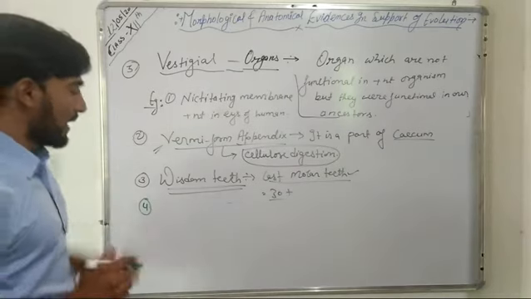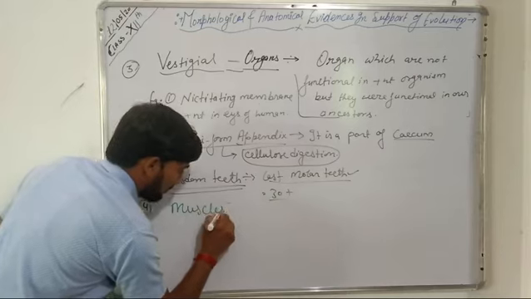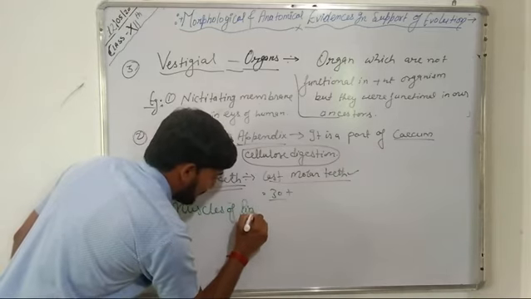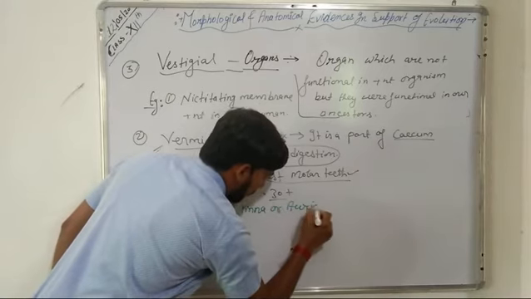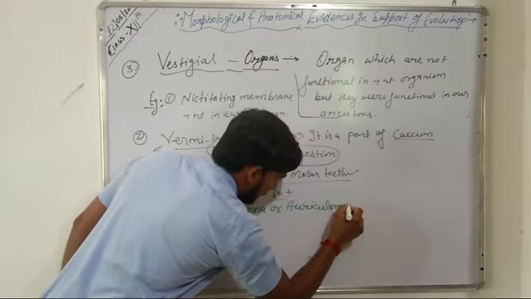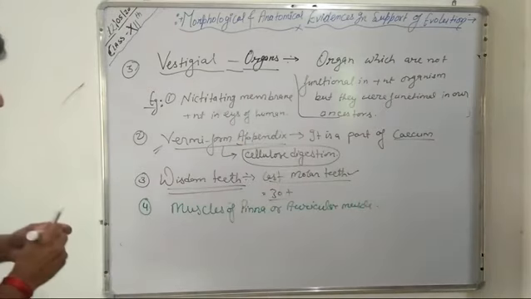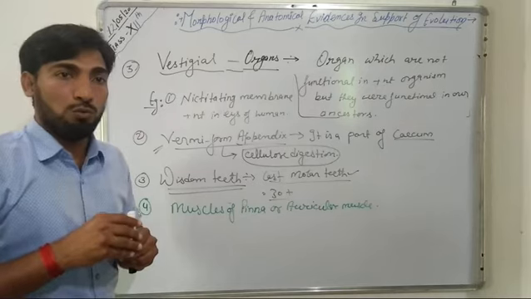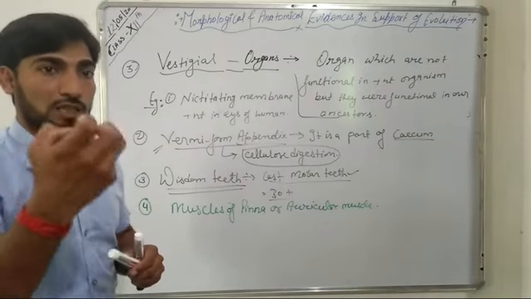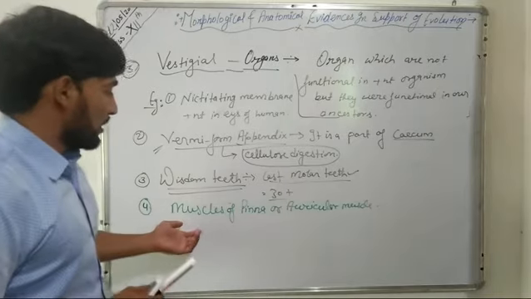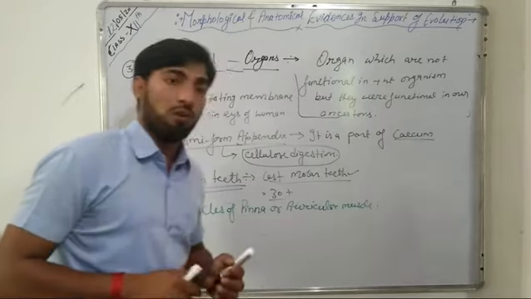Now the next example of vestigial organs is the muscles of the pinna, or auricular muscles. They are usually used to turn our ears to the side from where the sound is coming. These were functional in our ancestors, but at present they are non-functional.